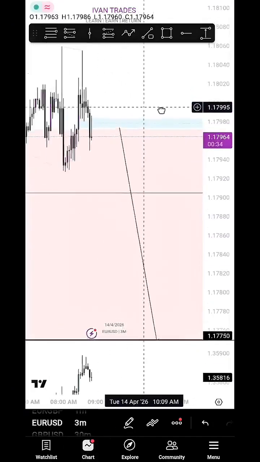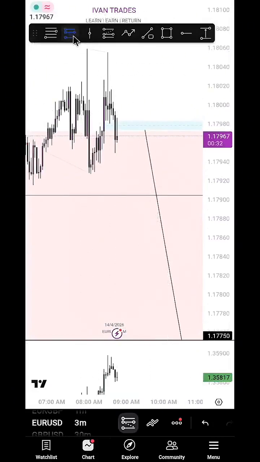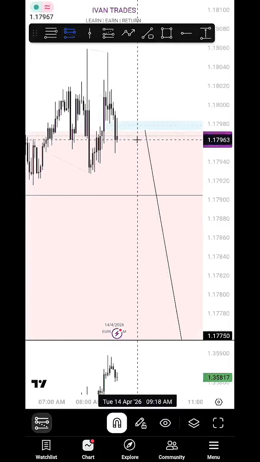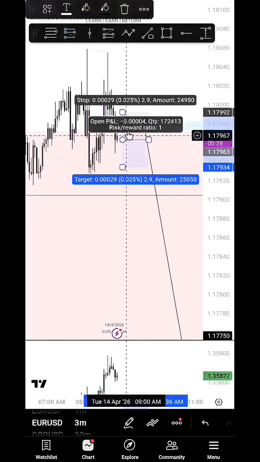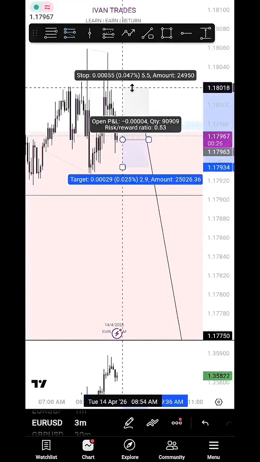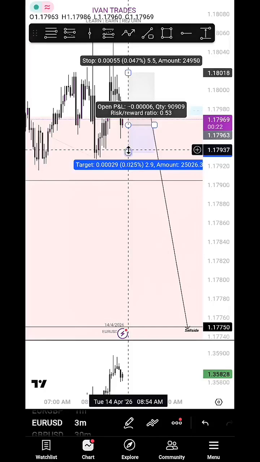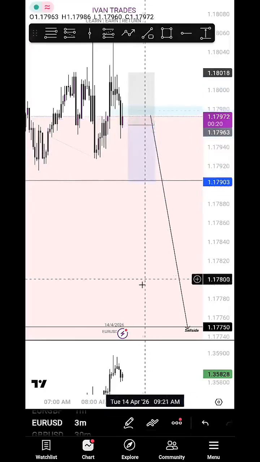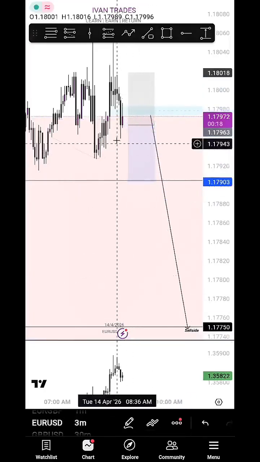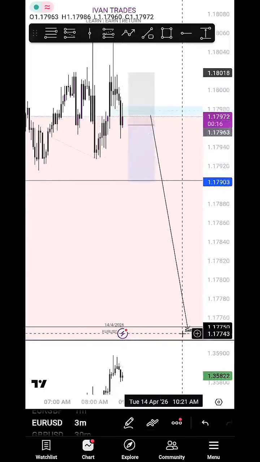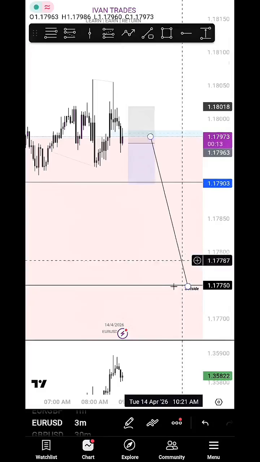Let's see, 5 pips on the Euro USD is somewhat too small for me, but you can see how this fair value gap is kind of holding.